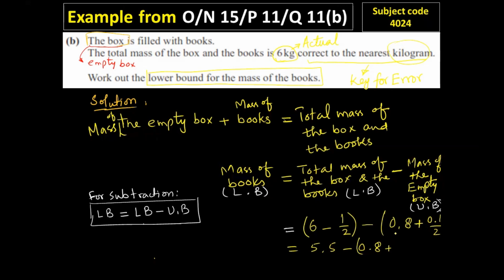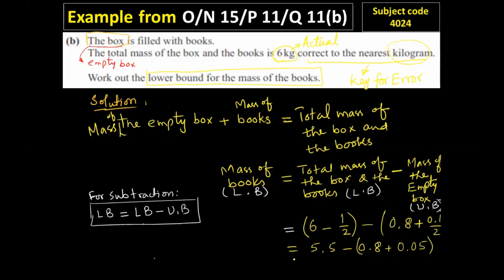I've explained in part A how to divide 0.1 by 2 without a calculator. 0.1 over 2 is 0.05.